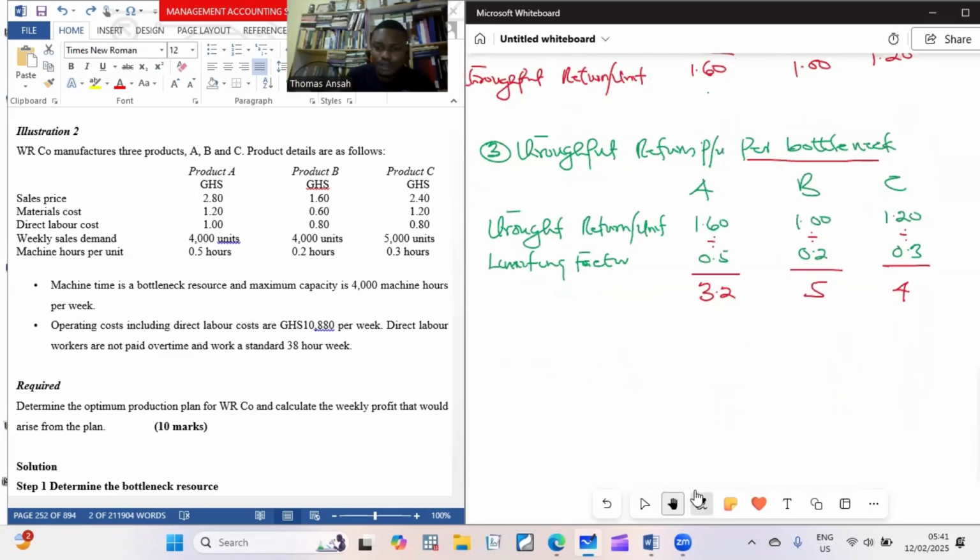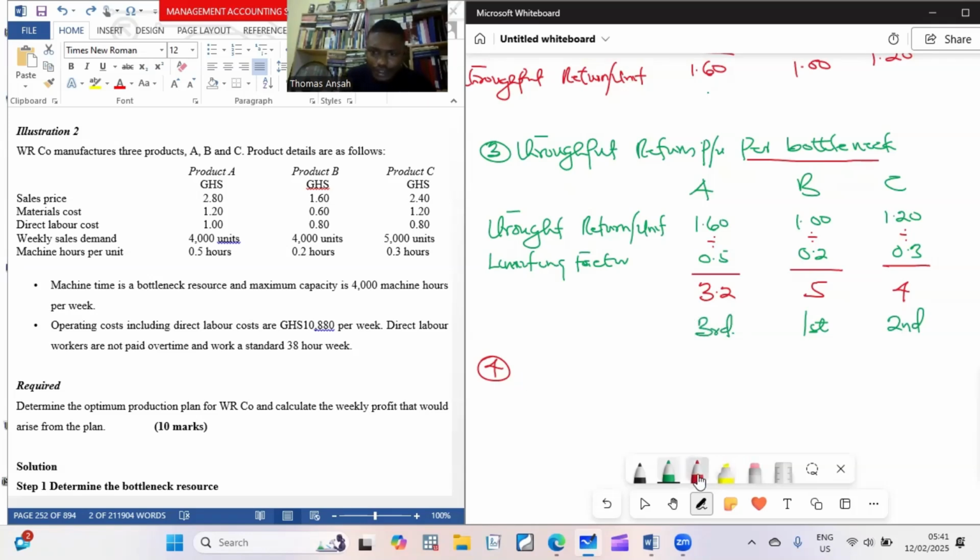Do you remember step 4? Step 4 was for you to rank them. Which one will you do first? Of course, this is the highest I can get. The principle of profitability: how much you can get. So I will do this first, this second, then this third.